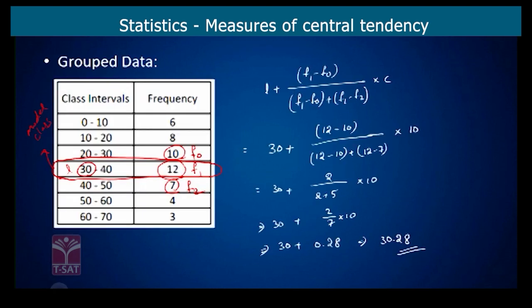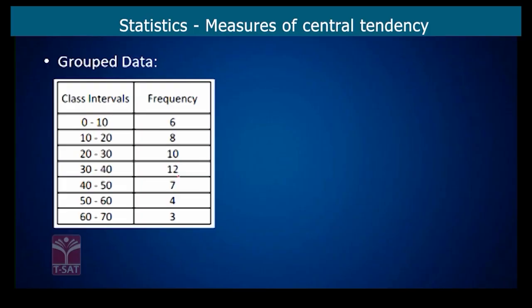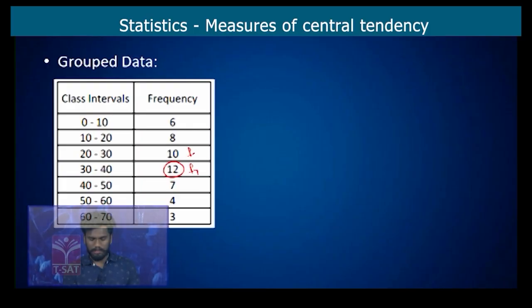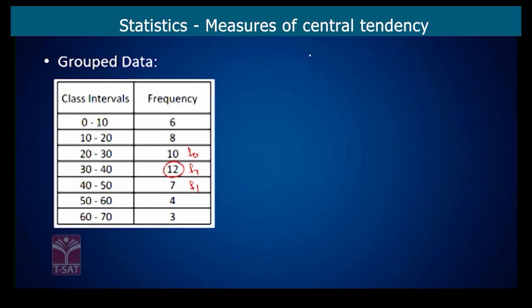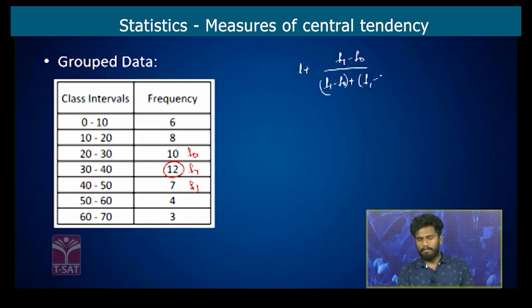Now there are some remarks about this. Whenever we are considering this f1, this was f0, this is f1. I am writing the formula: L plus f1 minus f0 divided by f1 minus f0 plus f1 minus f2, into the class width. This is the formula we use to calculate the mode.